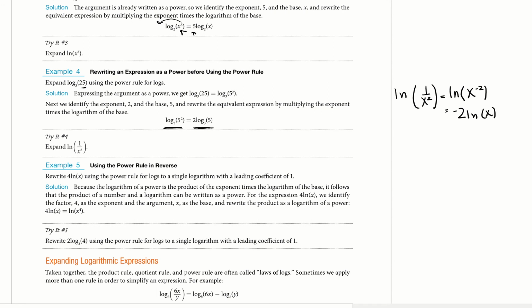Now let's say you wanted to use the quotient rule. You would get ln 1 minus ln x squared. Remember, ln of 1 is 0.